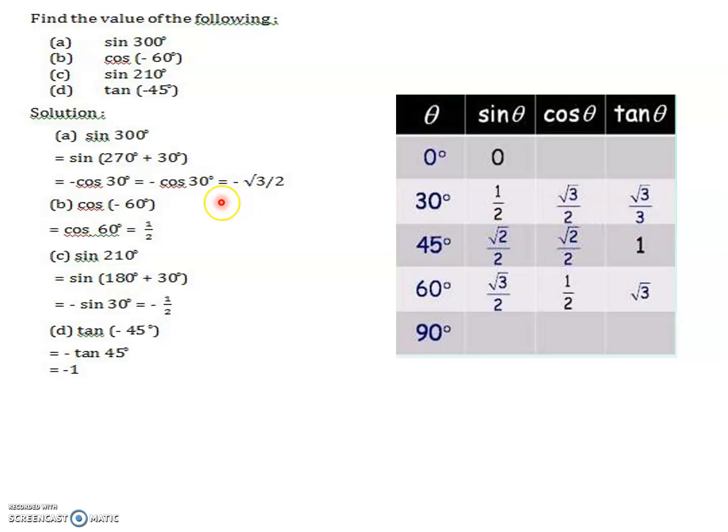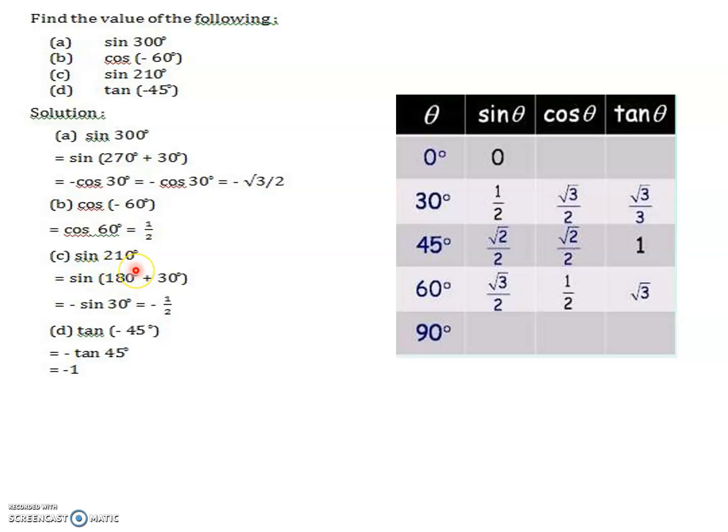So minus cos 30 is equal to minus root 3 upon 2. Cos of minus 60 degree: we know that cos of minus theta is equal to cos theta. So we take cos 60, which is equal to 1 upon 2.